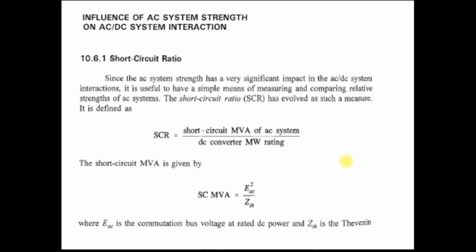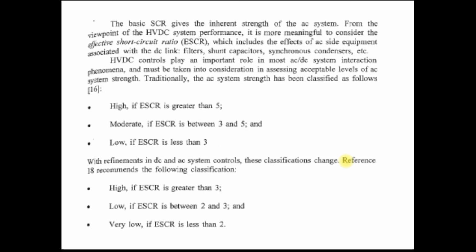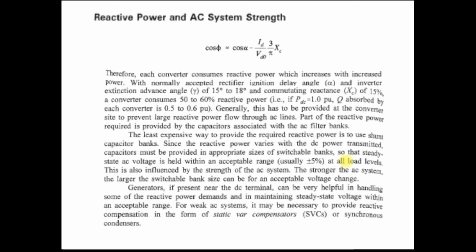Then we discussed the impact of reactive power on the AC system strength: how to provide the sufficient reactive power requirement in the weak AC system as well as the strong AC system. The weak AC system requires fixed devices such as SVC, and the strong AC system needs a switchable capacitor bank to maintain an acceptable voltage level.